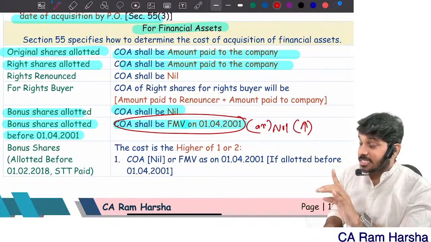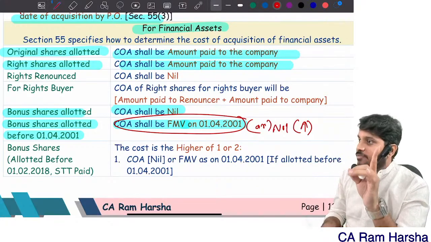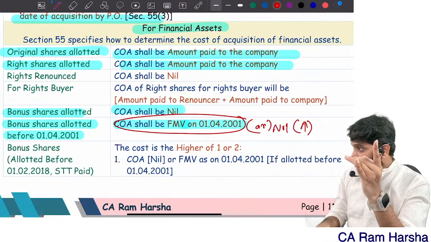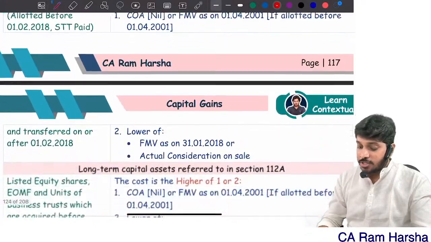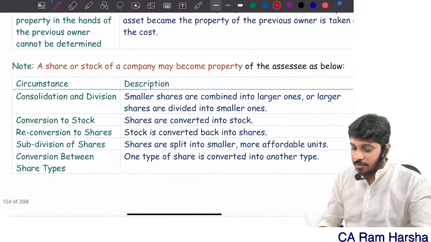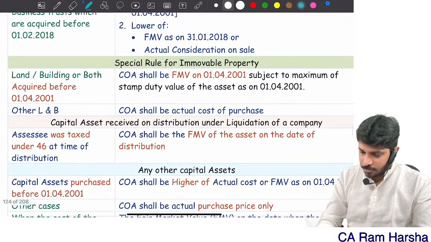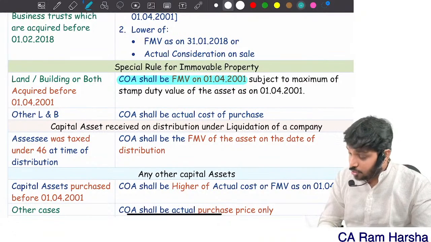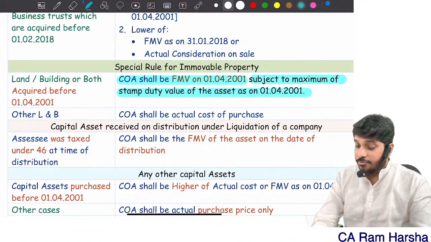Further, suppose it is land and building, and you or the previous owner purchased the land and building before 1/4/2001. What is the cost of acquisition for land and building? The cost of acquisition shall be the market value on 1/4/2001, subject to a maximum of the stamp duty value as on 1/4/2001.